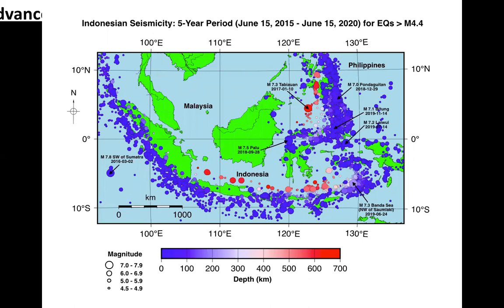diving into Indonesian seismicity. So as previously mentioned, Indonesia is one of the most seismically active regions on Earth. Shown here are approximately 5,300 events of magnitude 4.5 and above over a 5-year period, which is pretty incredible how frequent seismicity is.